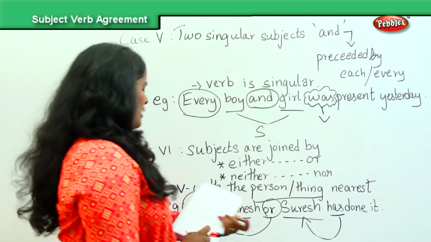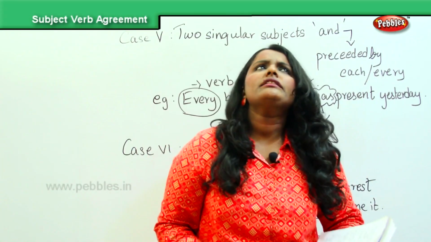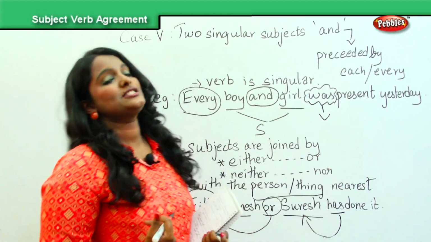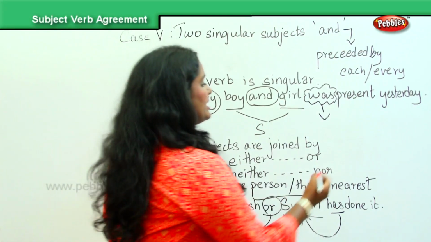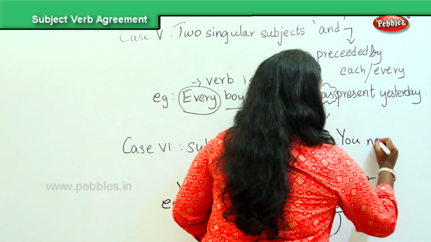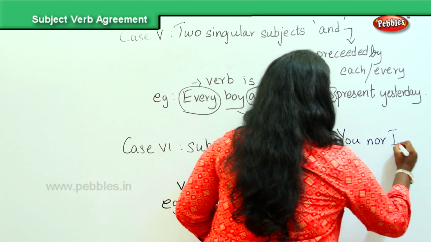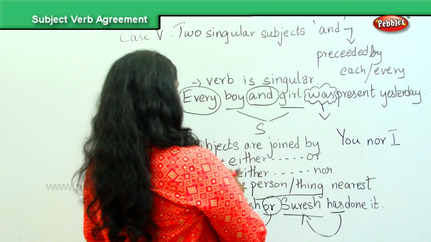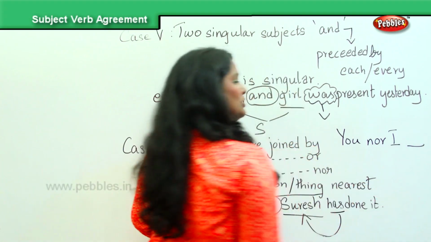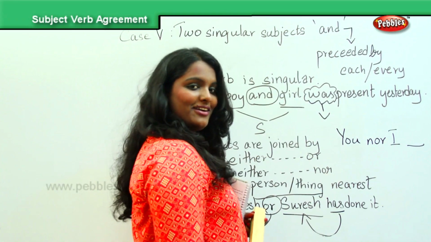with neither nor. Can I say neither you nor I am responsible for it? As you see, I have said you nor I, right? So it's neither you nor I. What should I use after? Should I use are?